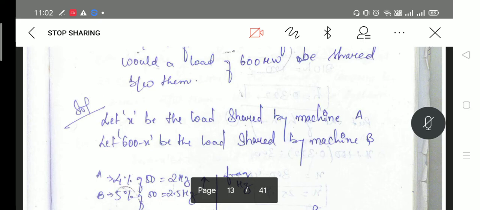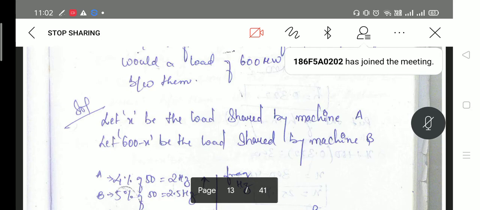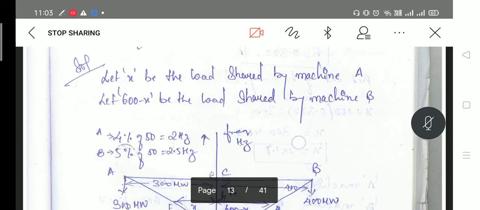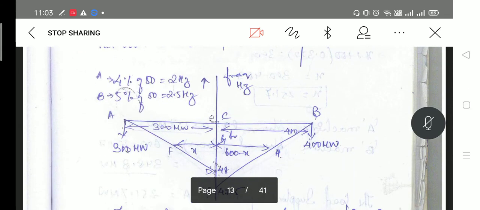We don't know the exact load shared by A and B, so I take X as the load shared by machine A and 600 minus X as the load shared by machine B. The drooping characteristics are given: 4% for machine A and 5% for machine B.